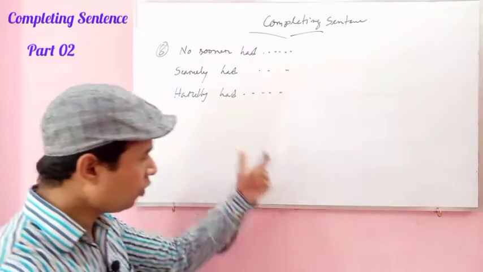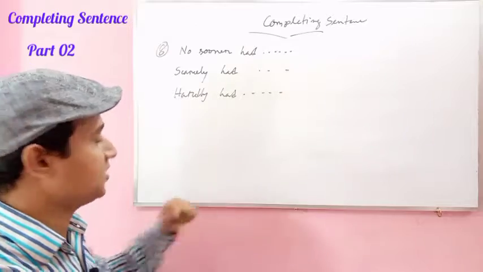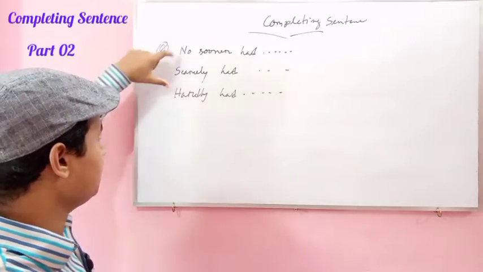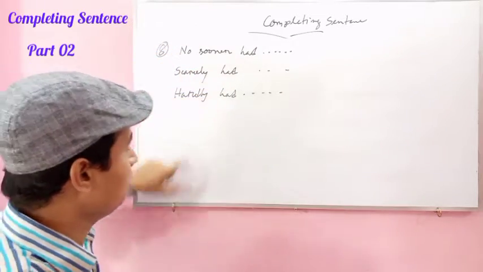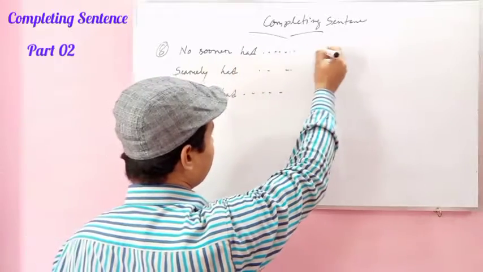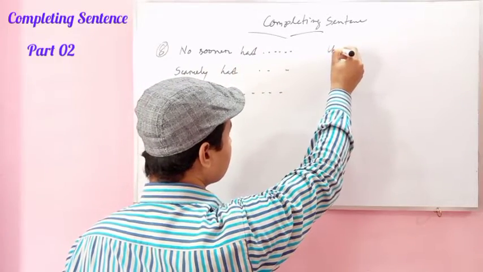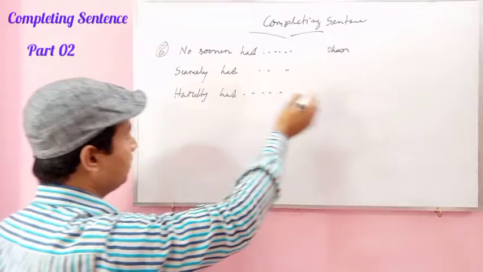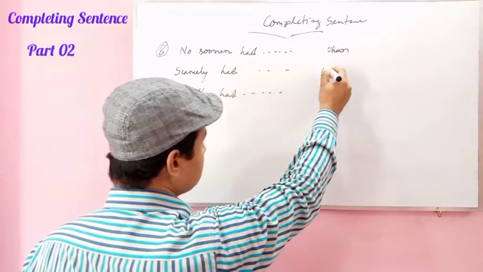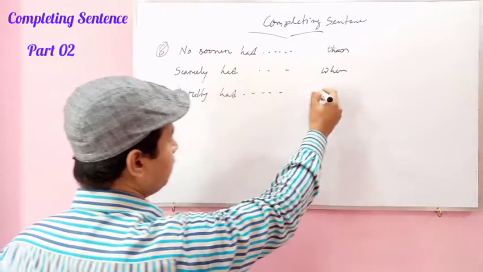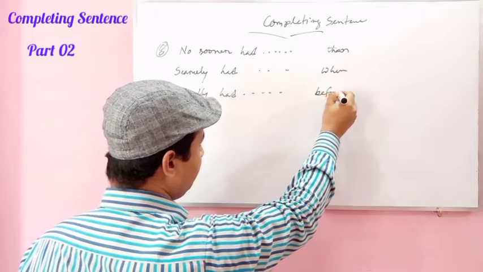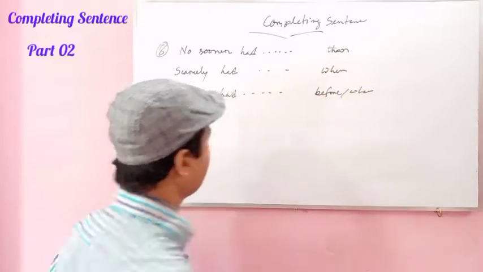When you find this type of sentence starting, after no sooner had you will give than. After scarcely had you will use when. After hardly had you will use before or when, both.